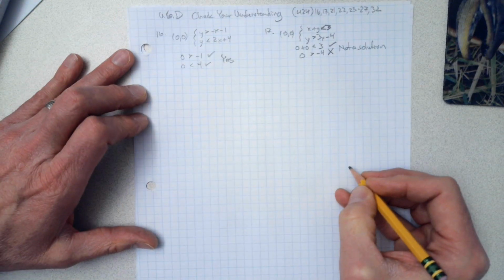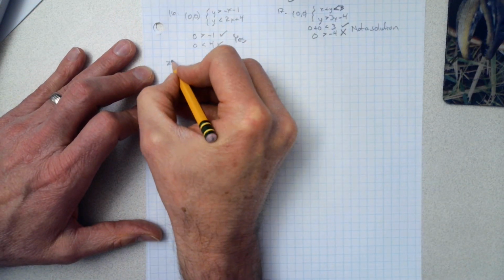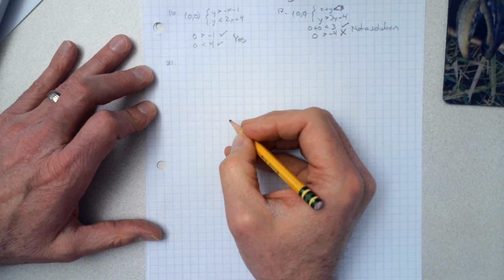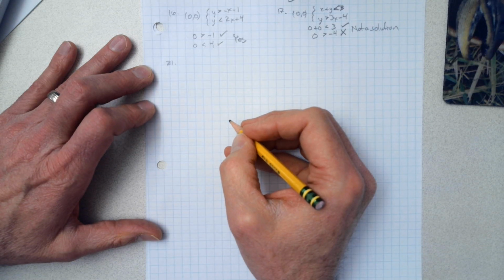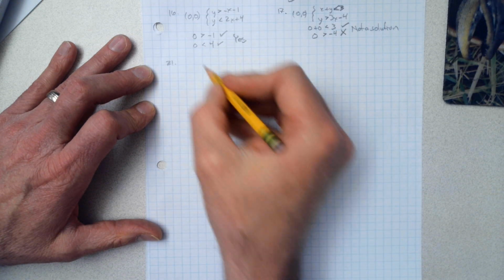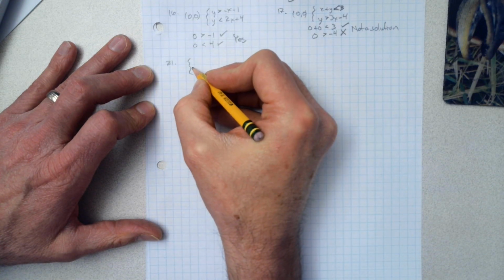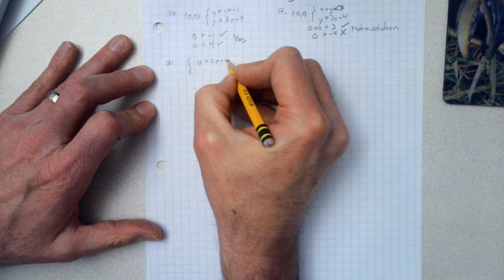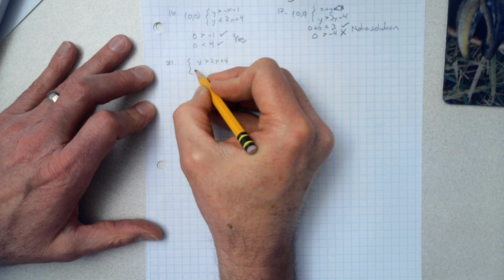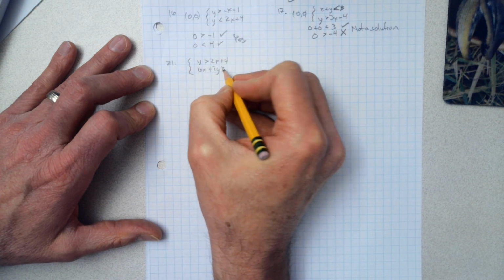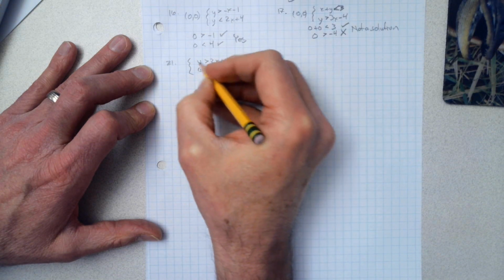Okay. Problem number 21. Graph each system of linear inequalities, give 2 ordered pairs that are solutions and 2 that are not solutions. So my system in 21 is y is greater than 2x plus 4 and 6x plus 2y is greater than or equal to negative 2.